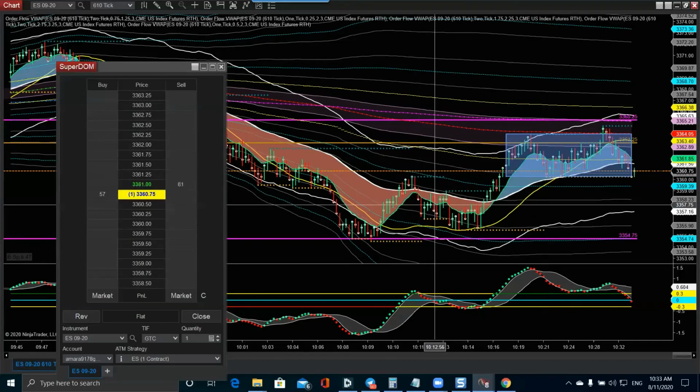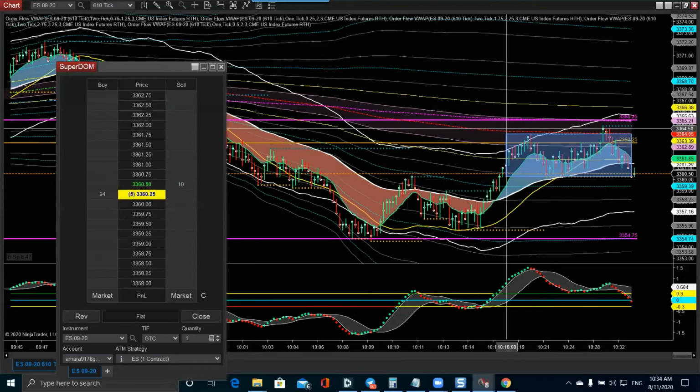We don't have a change of momentum here. We're still up momentum. Again, risking 5 ticks is fine.